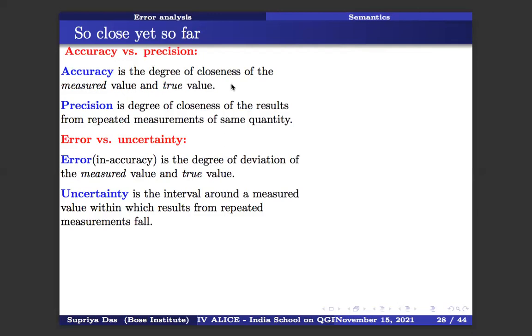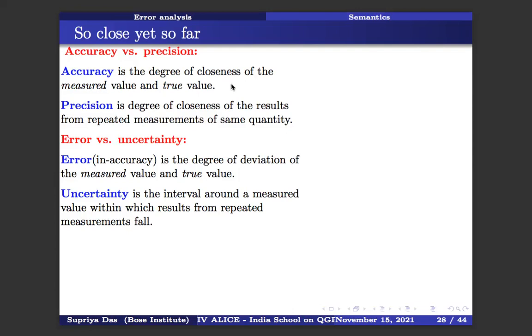But uncertainty is the interval around a measured value within which results from repeated measurements fall. So if you measure the same quantity many times, then you will see that they are within some interval. I'll come to that in the next slide. You will see what is the true value, what is not. But there is an interval.